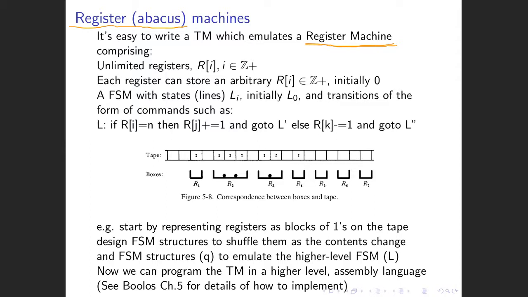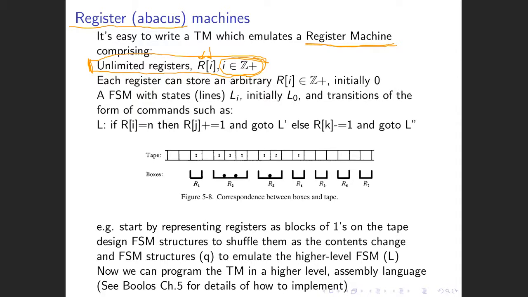In a register machine, let's assume you have an unlimited number of registers. These are registers like you get in your CPU, okay? So register number I, and I can usually be any positive integer, including 0.